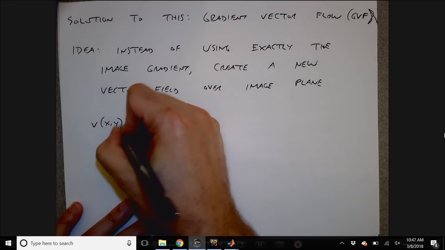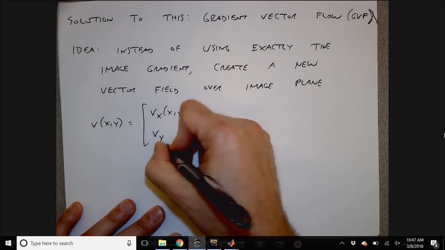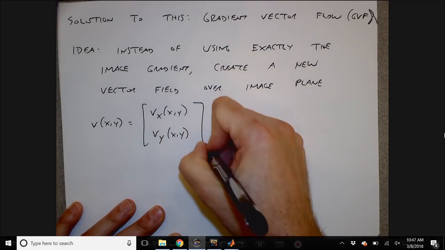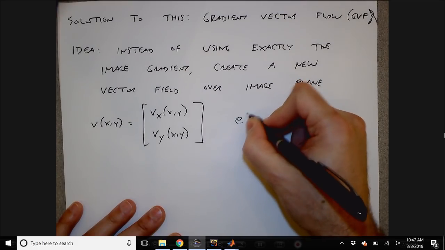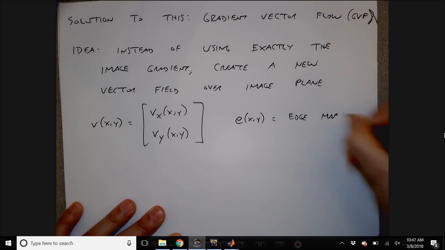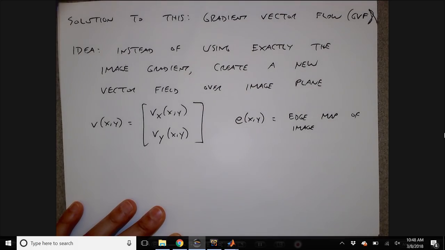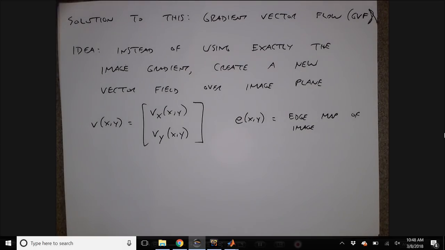So there's an x component and there's a y component. And let's call E the edge map of the image, which is kind of like the magnitude of the gradient. Now what I want to do is define this new V that is equal to gradient stuff where there is a gradient, and outside the gradient is pulling inwards, right?